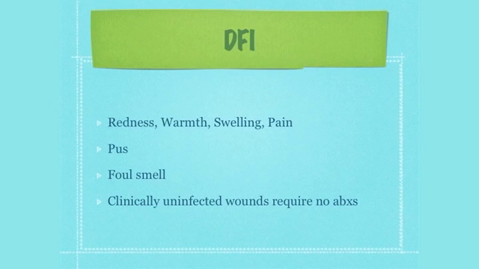And you know all these all too well: redness, warmth, swelling, pain. If you see pus, that's a no-brainer. Foul smell. Clinically uninfected wounds usually do not require any antibiotics, and that's the challenge. When somebody shows up with a chronic wound, you have to decide, is the wound infected or not? Does the patient need antibiotics or not?